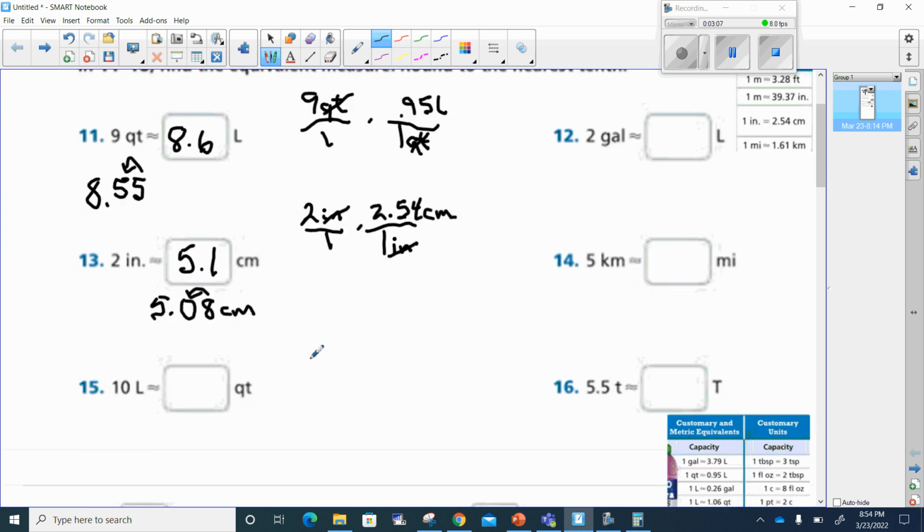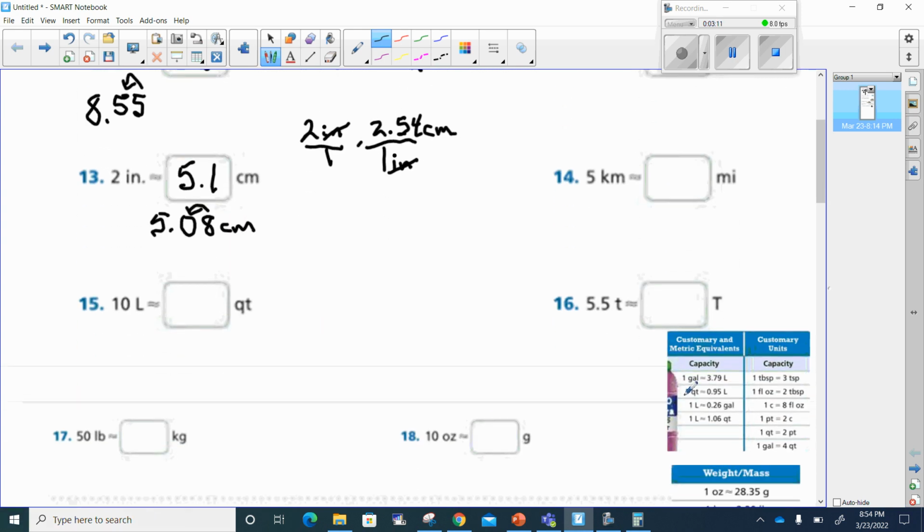Let's go to number 15. 15 says 10 liters to quarts. Down here, I have my liters to quarts. Okay. If I have 10 liters here, put that over 1. And when I make it equal to 1 liter, put my liter on the bottom, so I'll be able to eliminate it.